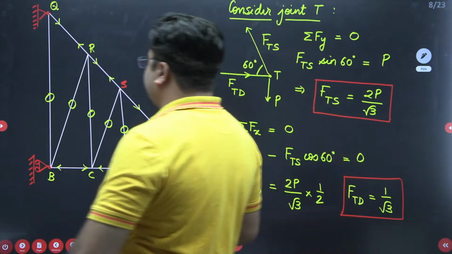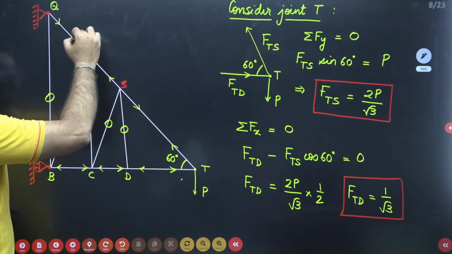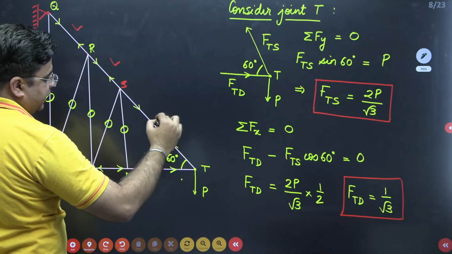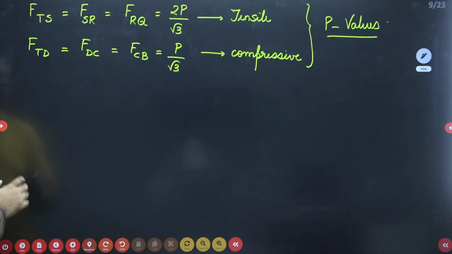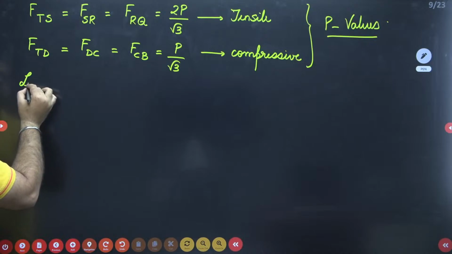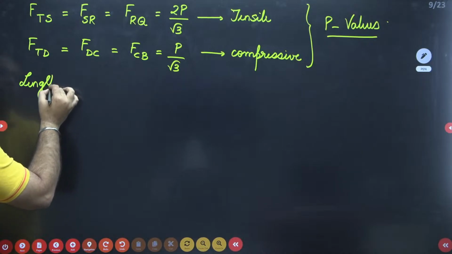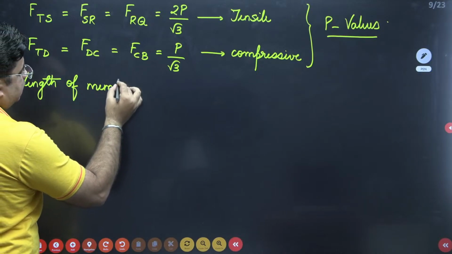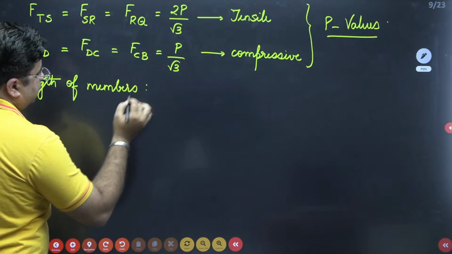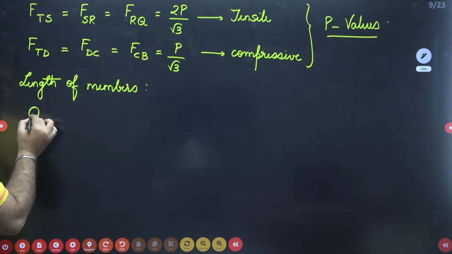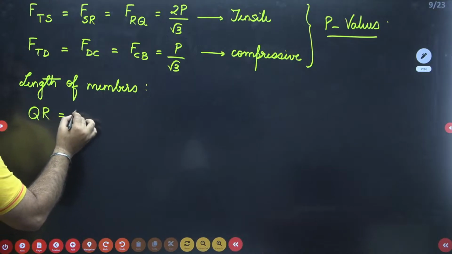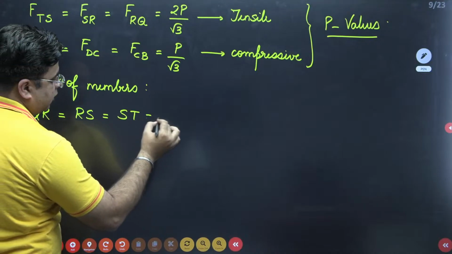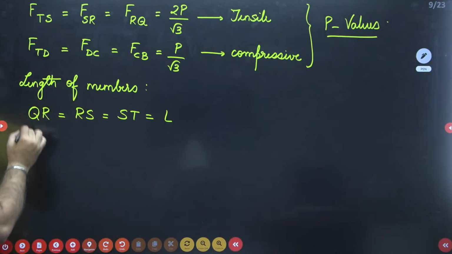In the question it is given that the length of the members QR, RS and ST, all these lengths, are given to us as L.